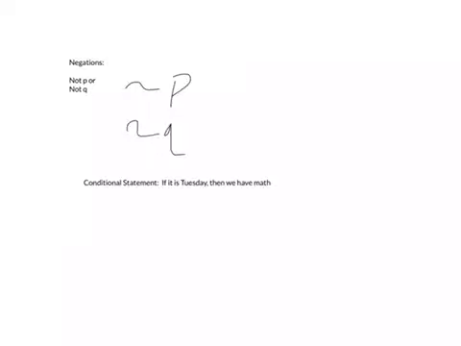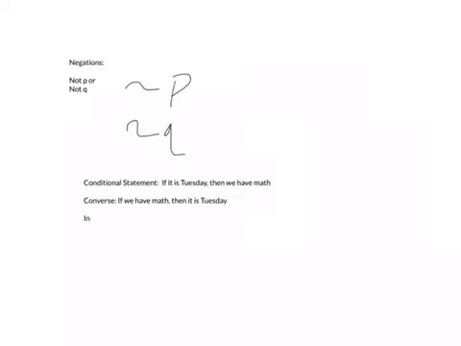If that's our original conditional statement, we start with what we call the converse, not like the shoe. The converse is formed by switching the hypothesis and the conclusion. So instead of if P then Q, it's going to be if Q then P, which is if we have math, then it is Tuesday. That's the converse.